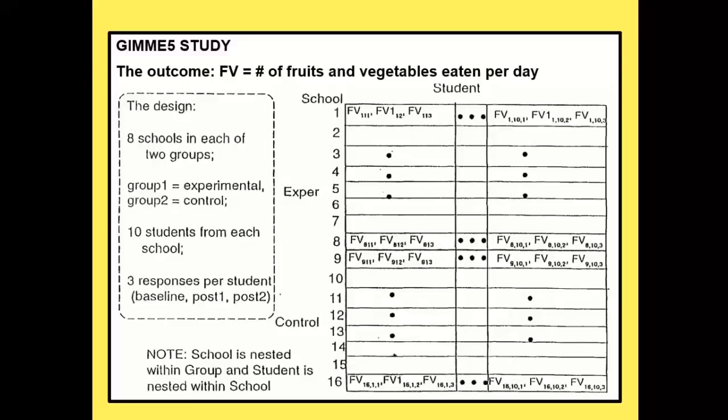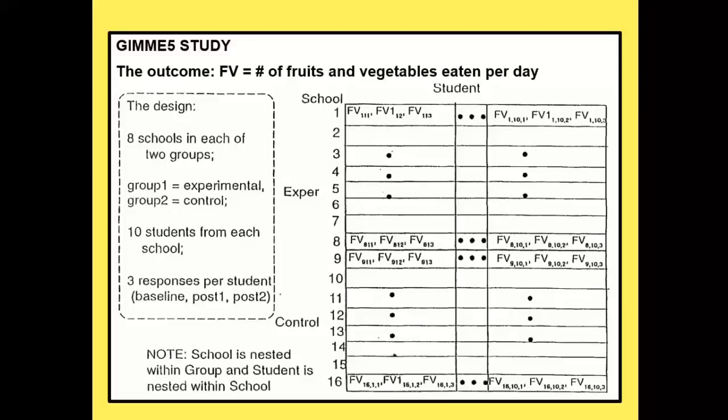This is a data set, and the idea is very, very simple. We try to get people in general to eat more fruits and vegetables because it's better for your diet. So this is an example of an intervention study in school systems to get kids in school systems to eat more fruits and vegetables. That's the idea.